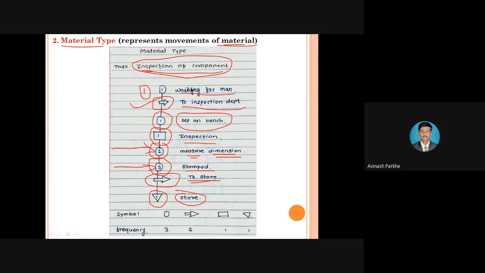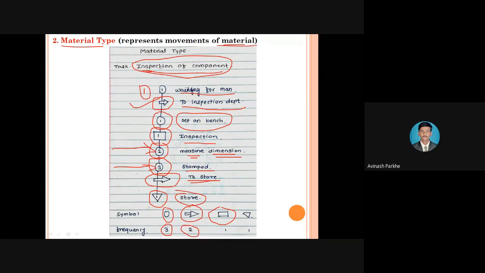So how many symbols are used to represent the movement of the material? First one is the operation. How many times is it there? Three operations are performed on that material. Then the second symbol, transport. How many movements take place from one location to another? The material is moved two times. Then the third one, inspection.